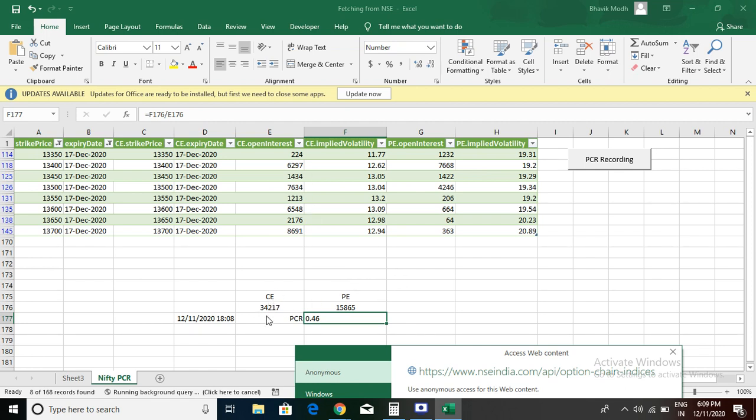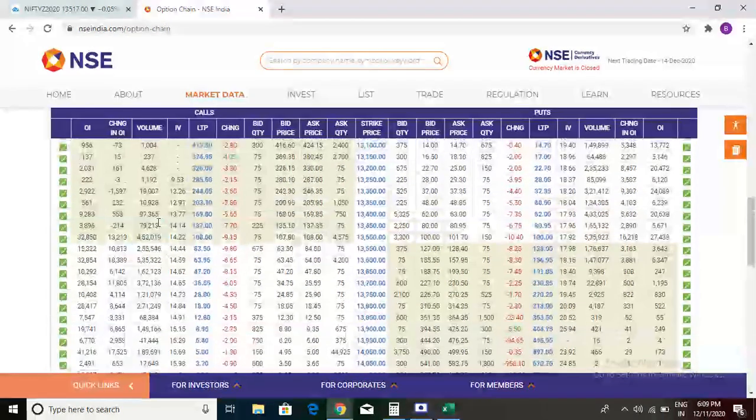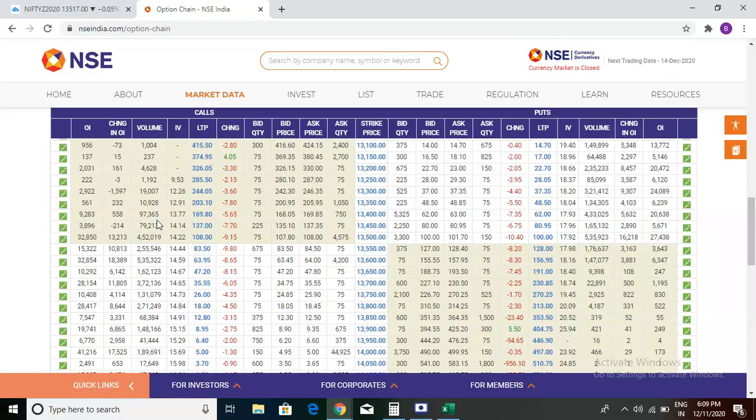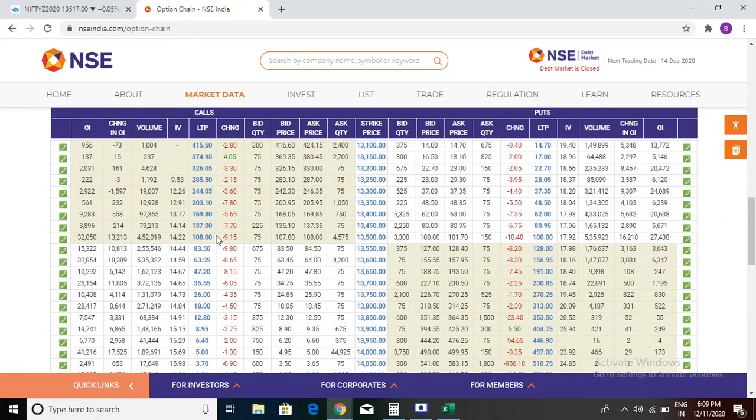Then you have to use the basic formula of sum, then the basic formula of divide. It's nothing, but this is making things a lot simpler. Before, I was also calculating manually, but this is making it simple. This video was not to show you an Excel sheet, this was to show you how you can calculate PCR for an option chain. Don't look at the option chain blindly. I know that you cannot focus on that it was 27,000, and after half an hour you refresh and see how much it was.